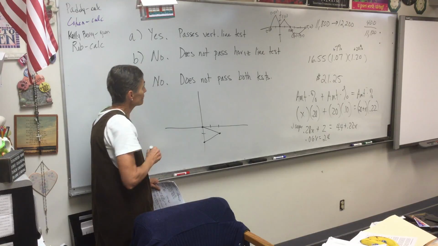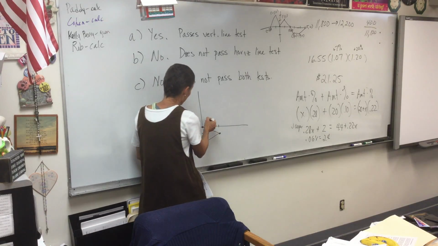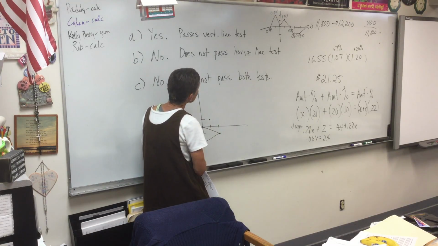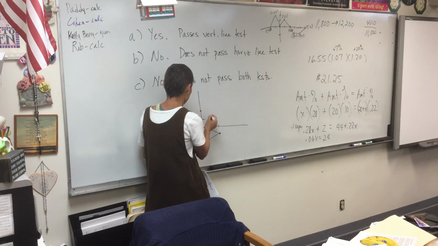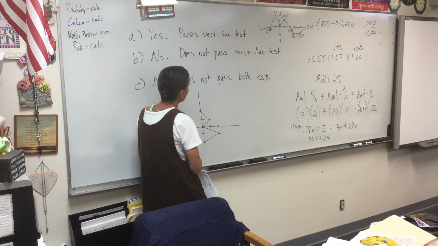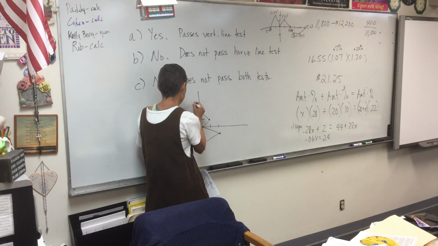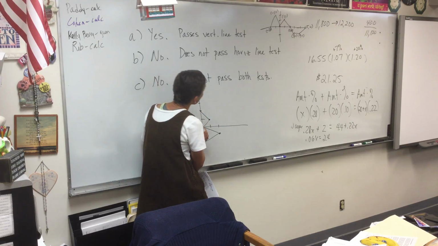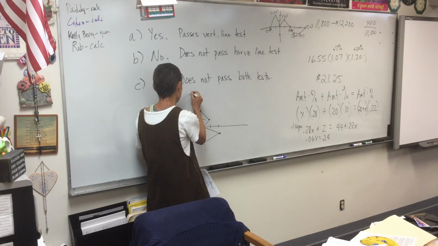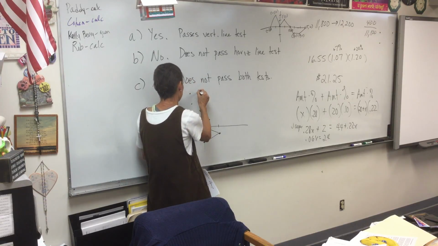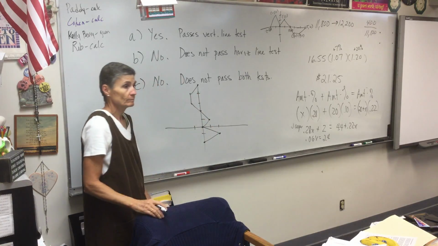My big triangle. Now 1, 1 stays right where it's at. 0, 2. There's my little triangle. -1, 3. -1, 4. And 0, 5. There's my trapezoid. There we go.